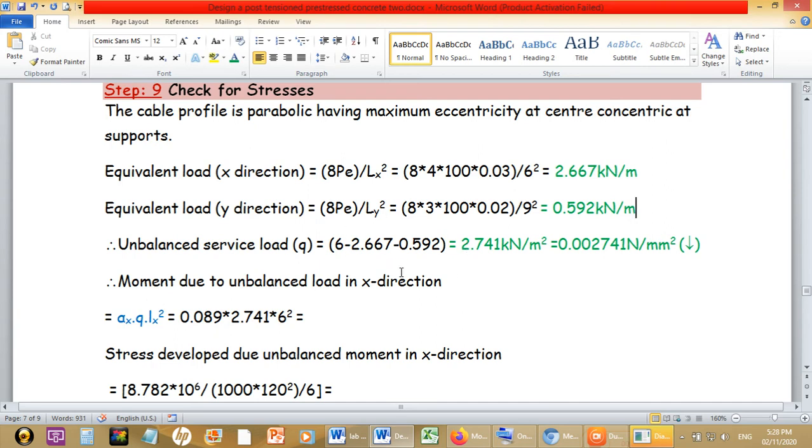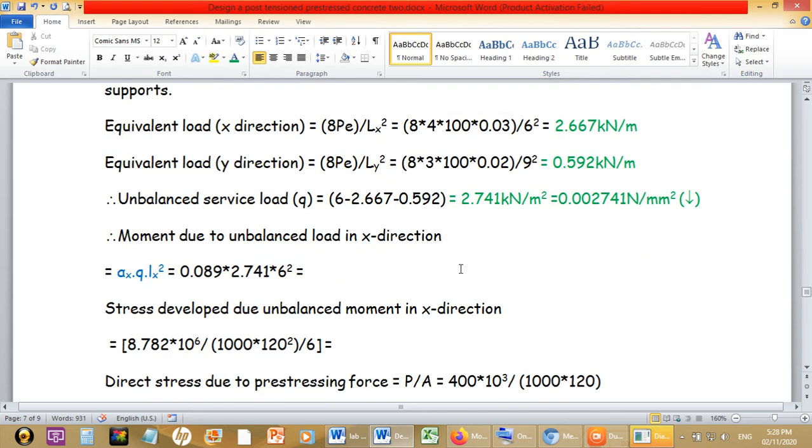Now we are going to calculate the moment for this residual load. We know the formula for the moment, alpha x into q into Lx square. Here I have not considered the value of Wu, but only the balance load acting on the structure, because the cable profile has already minimized the external load.